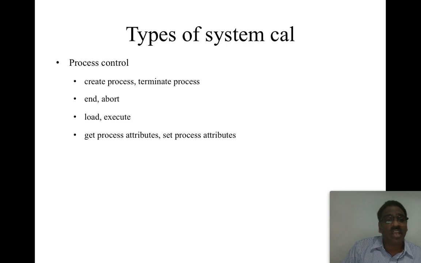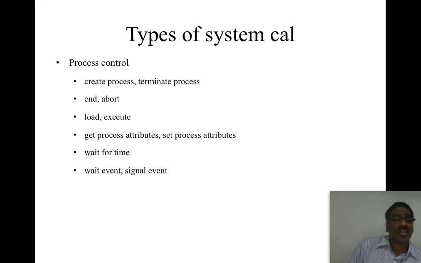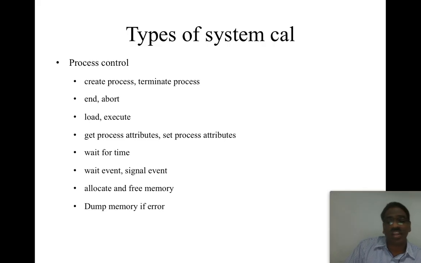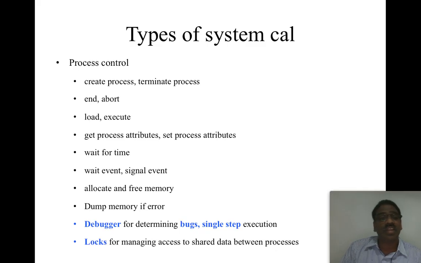Next one is load and execute. Get the process attribute, set the process attribute, read, write and execute permissions. You have to see that. And the next one is waiting time, signal, event, allocation of memory, deallocation of memory, jumping, debugger, setup and everything related.